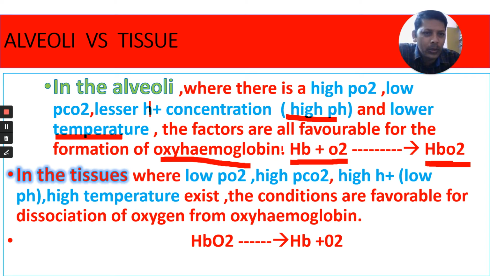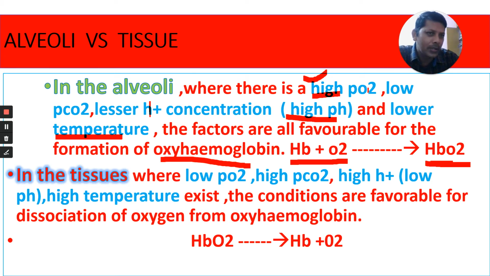Why are these two bound together here? Because all the favorable conditions are present here. What are the favorable conditions? Here high PO2 is present, and low PCO2, low H plus concentration, and low temperature. Only one is high, and that is PO2.